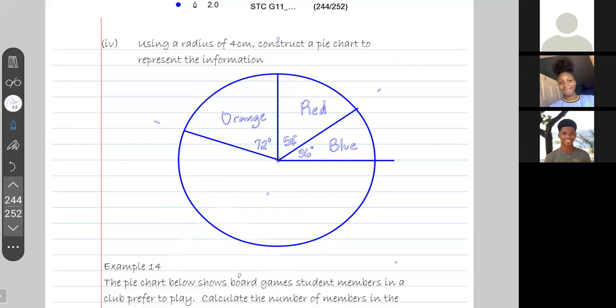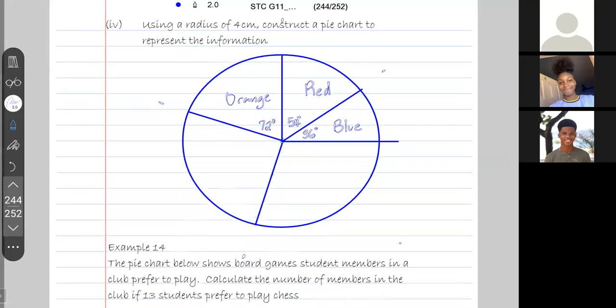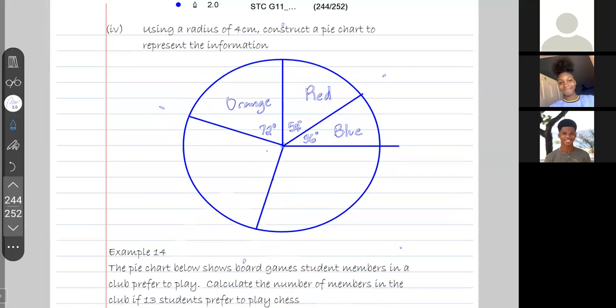All right, do it again. And this is 90 degrees. 90 degrees corresponds with green.